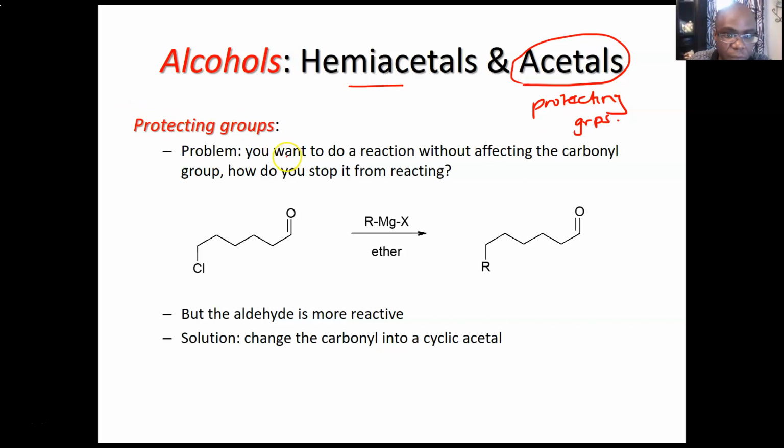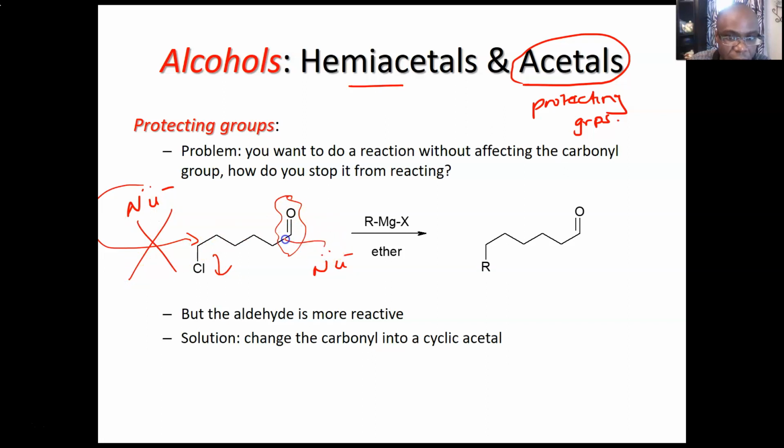So the problem is that if you want to do a reaction without affecting a carbonyl group, let's say you are using a nucleophile, right? And you want to do SN2 here. The problem is that this nucleophile will not just attack this place.